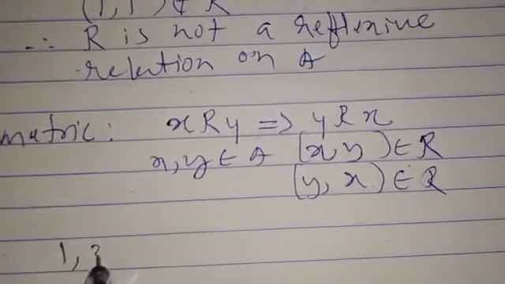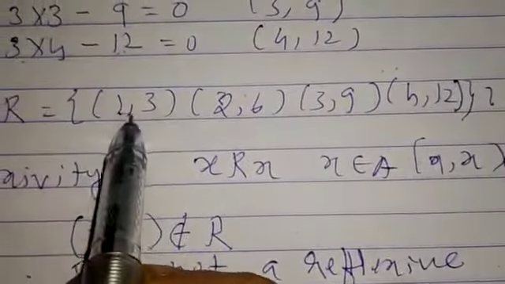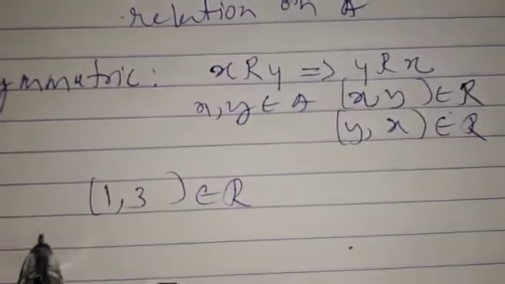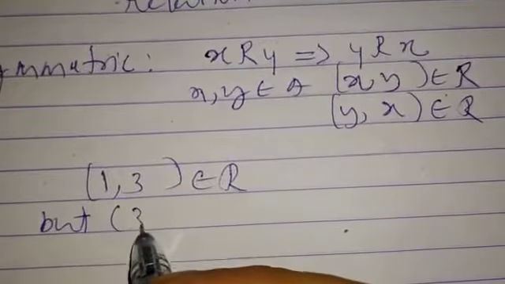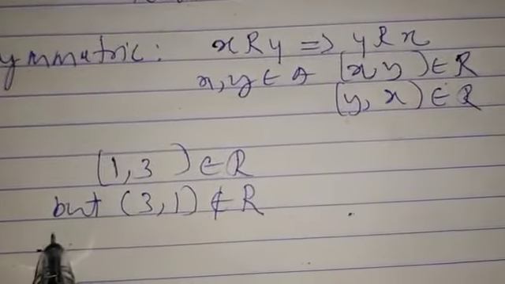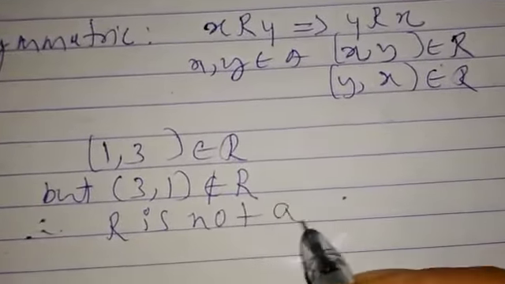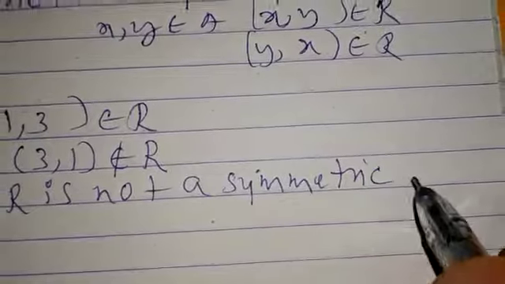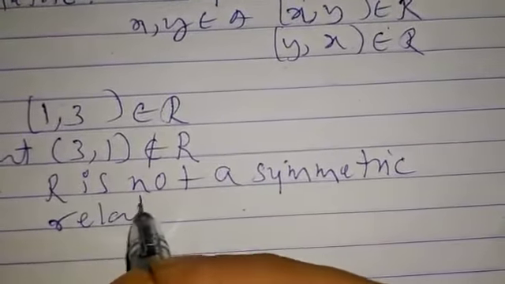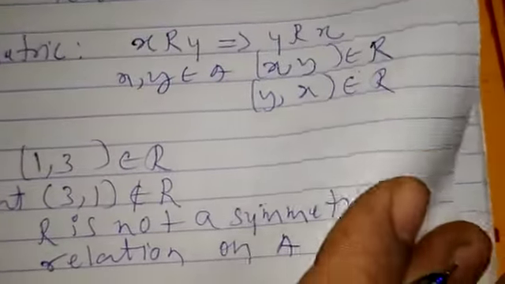Here (1, 3) belongs to R, but the ordered pair (3, 1) does not belong to R. Therefore R is not a symmetric relation on A.